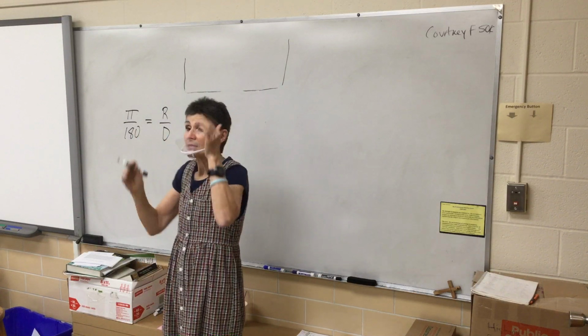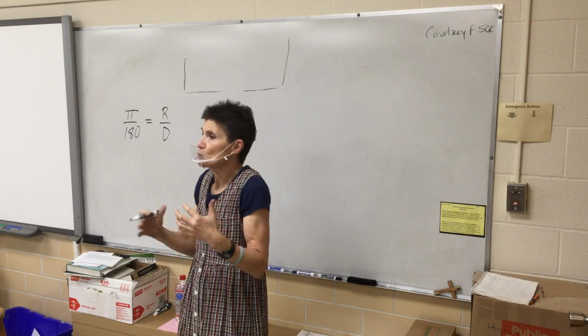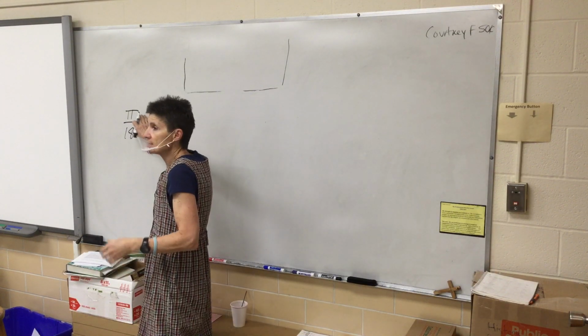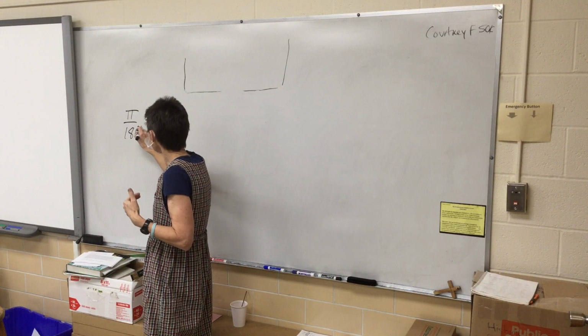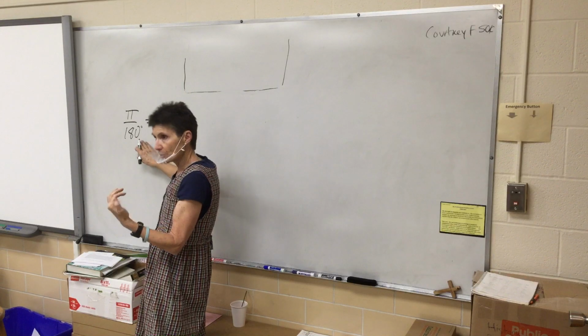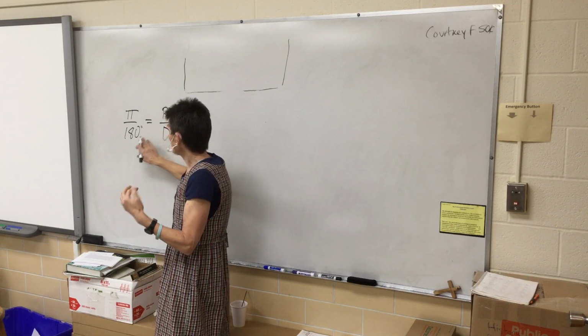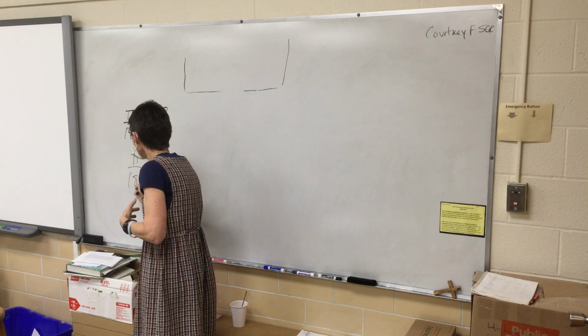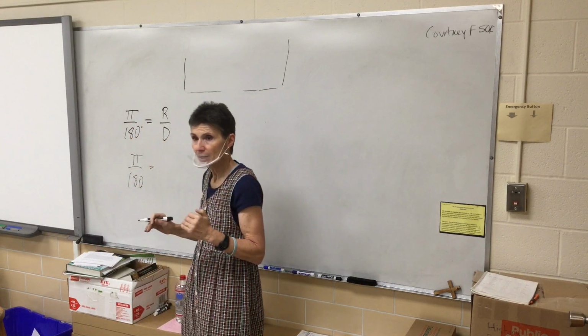Now, the conversion, just like 12 inches or 1 foot, pi radians is 180 degrees. So you're going to set up a proportion that says pi over 180 every time.